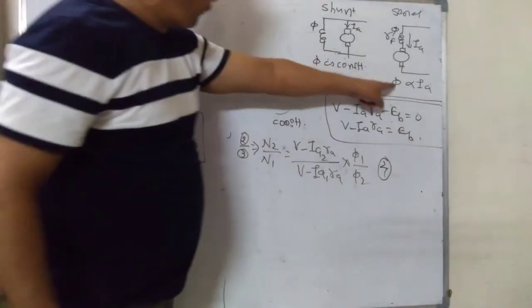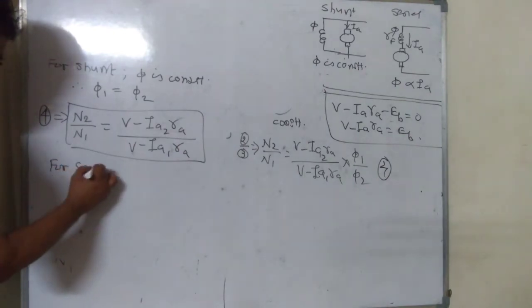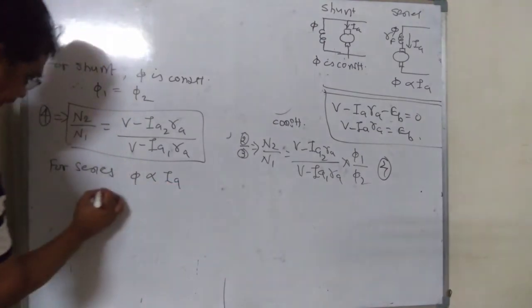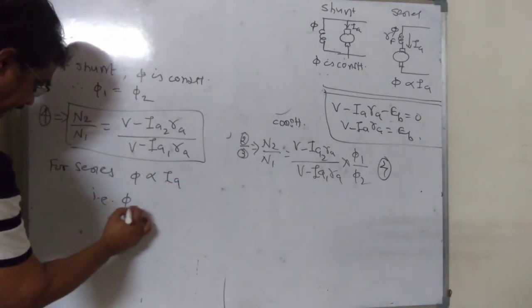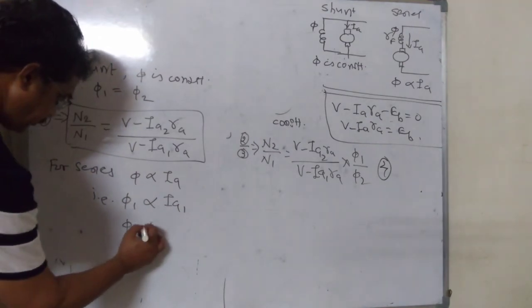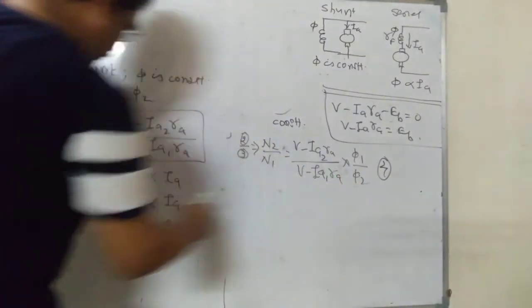Now for series motor, phi is proportional to Ia. That means phi1 is proportional to Ia1 and phi2 is proportional to Ia2. So in place of phi1 and phi2, we will write I1 and I2.